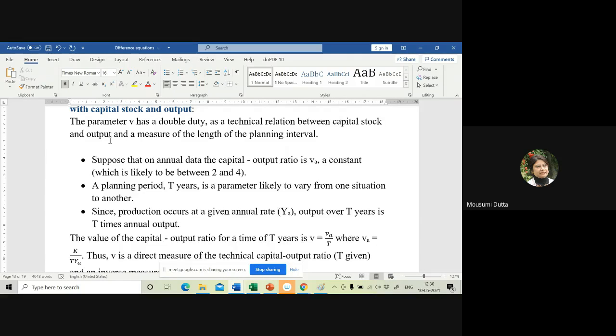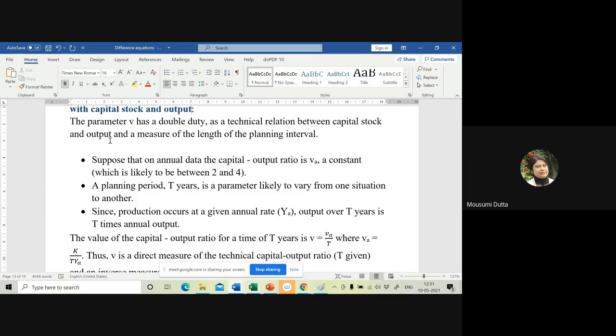Planning interval means we are investing something in period 2 and we know this process will be completed in, say, T plus 5 periods or T plus 10 periods. That is the planning horizon, planning interval.